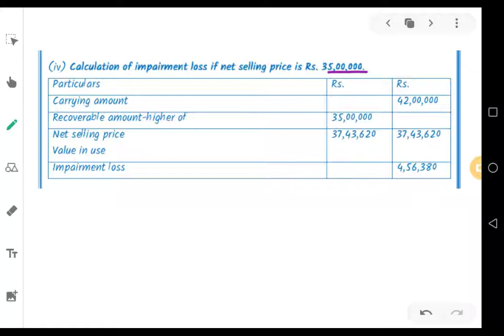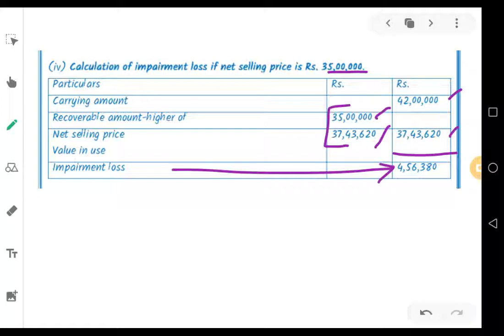To calculate recoverable amount, you take the net selling price 35 lakhs and the value in use 37 lakh 43,620. Out of these two, the highest amount is 37 lakh 43,620. Therefore, recoverable amount is 37 lakh 43,620 and carrying amount will be the same, that is 42 lakhs. So the difference between carrying amount and recoverable amount, 4,56,380, should be the impairment loss.